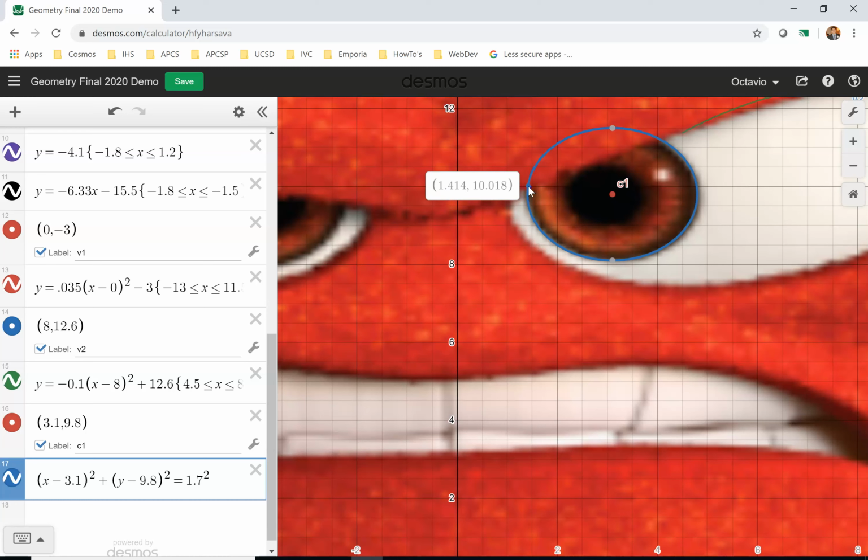And so I would suggest that you maybe click right here with your mouse and look at the x coordinate. So the x coordinate right here is 1.414. And so I'm going to put it here for x values less than that, because we want the circle below this point. So for x values less, oh, I'm mistaken. When we're trying to restrict the circle up or down, we look at the y coordinate, in this case the 10.